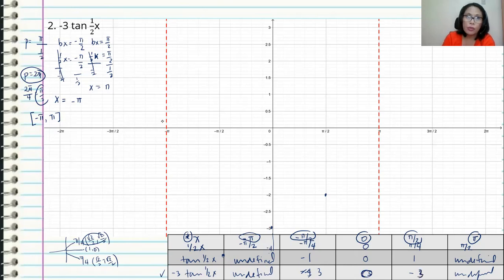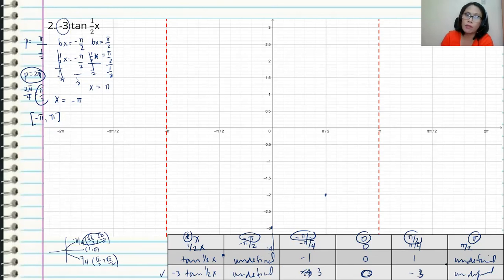Okay? So this negative 3 is a factor, and this is your A. So we have negative 3 times the values on the third row. So this will remain undefined. This is negative 1 times negative 3. This gives us 3. And then 0 times negative 3 gives us 0. 1 times negative 3 gives us negative 3.